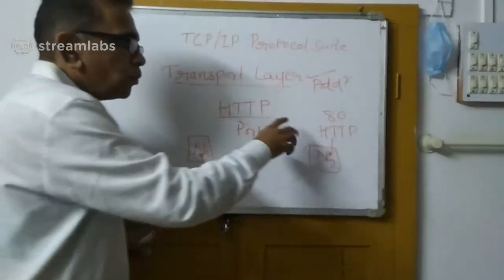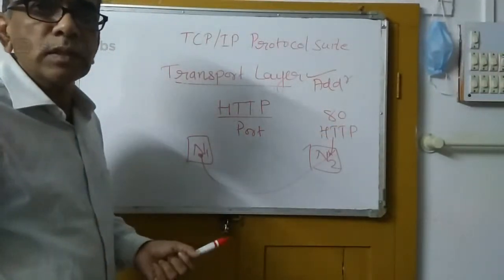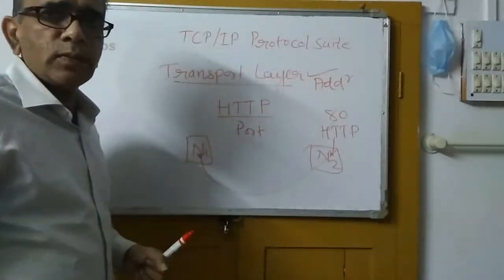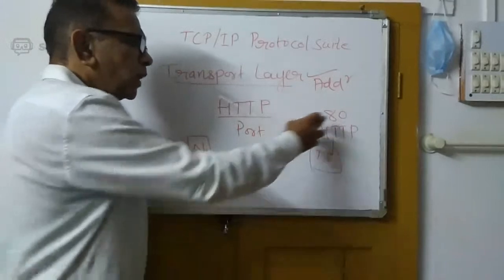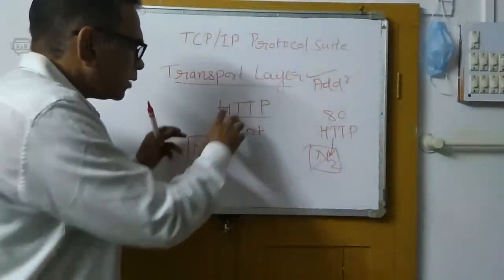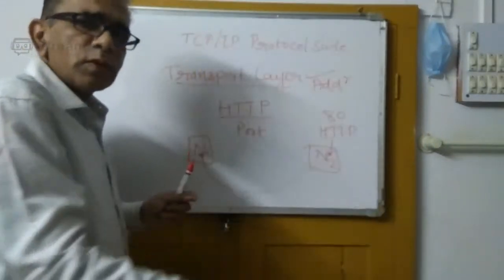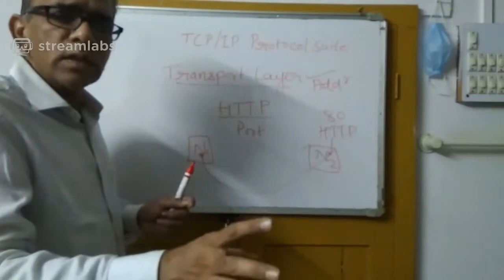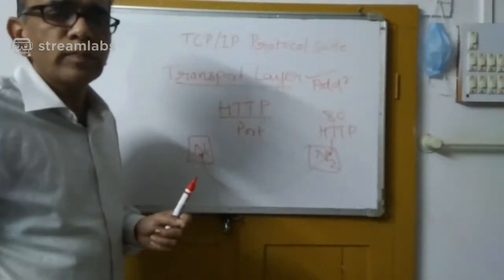Based on these standard processes, the ports are already assigned. Whenever you say HTTP, the sender machine will automatically convert HTTP to 80, and in the transport layer segment it creates, the process address will be put as 80.